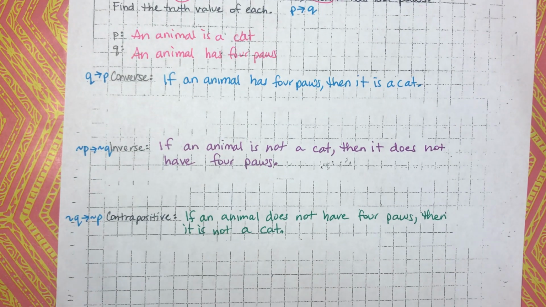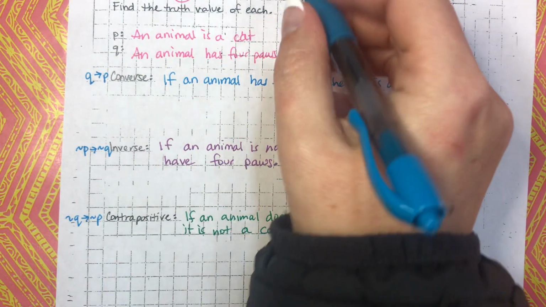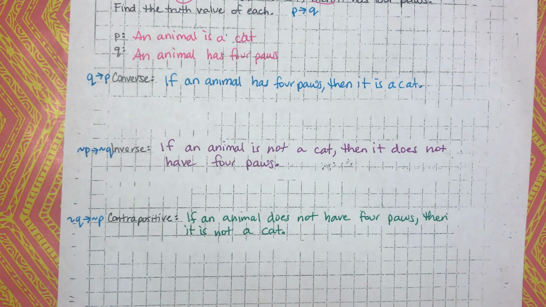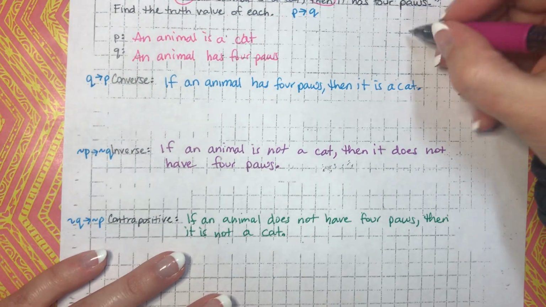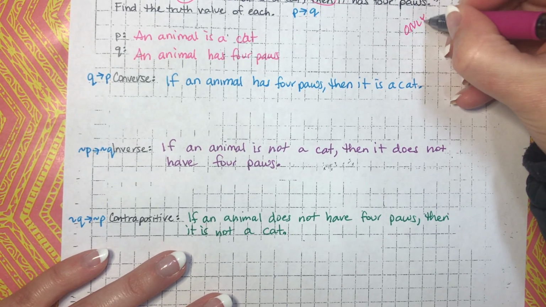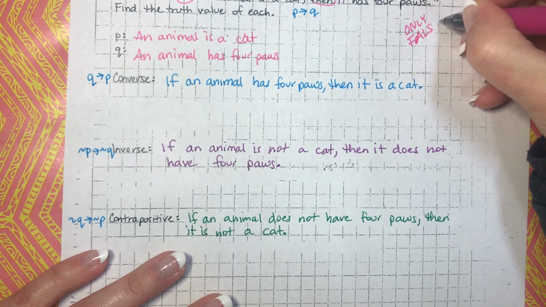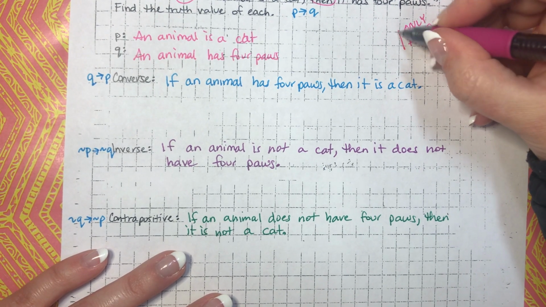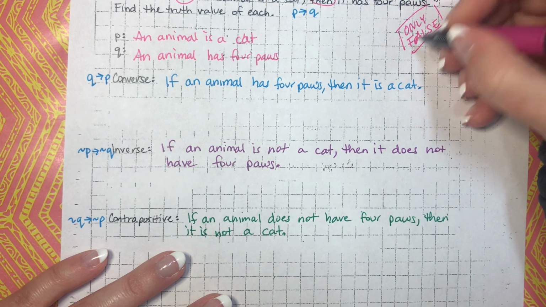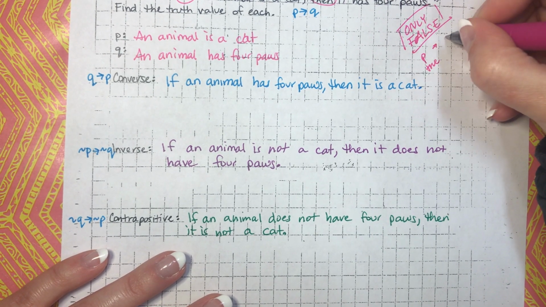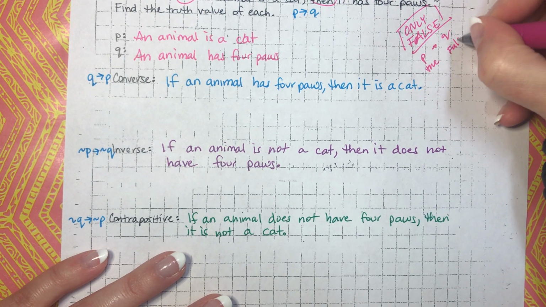Now we need to find the truth value of each. And remember, the truth value is only false when the P is true and the Q is false.